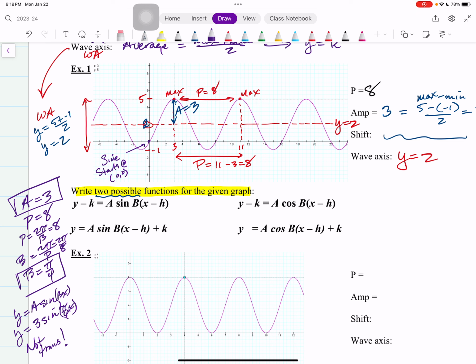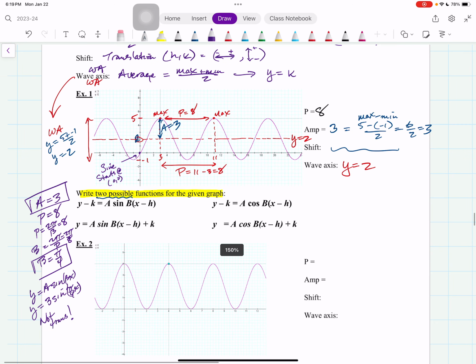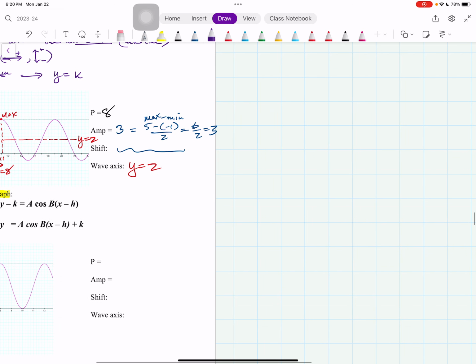So the question is how can you get to this function? So remember what sine usually does. I'm going to go off to the side now. So the parent function for a sine of x, if you're just going to graph it really quick here, it starts here, it goes up and then down and then back up again, where this is 2 pi.